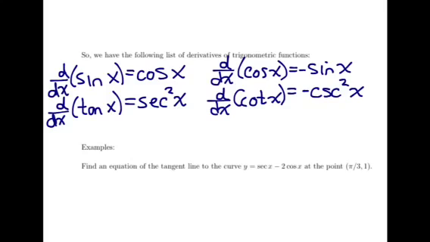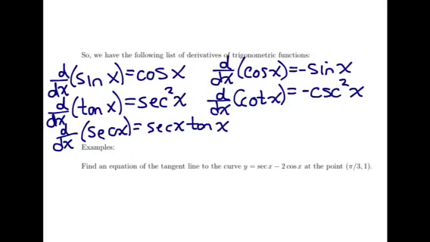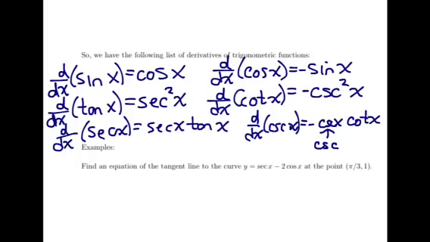And then if we take the derivative of secant x, we'll get secant x tangent x. And if we take the derivative of cosecant of x, we'll get negative cosecant x cotangent x. So this is cosecant, if that didn't show up very well. So those are our 6 derivatives.